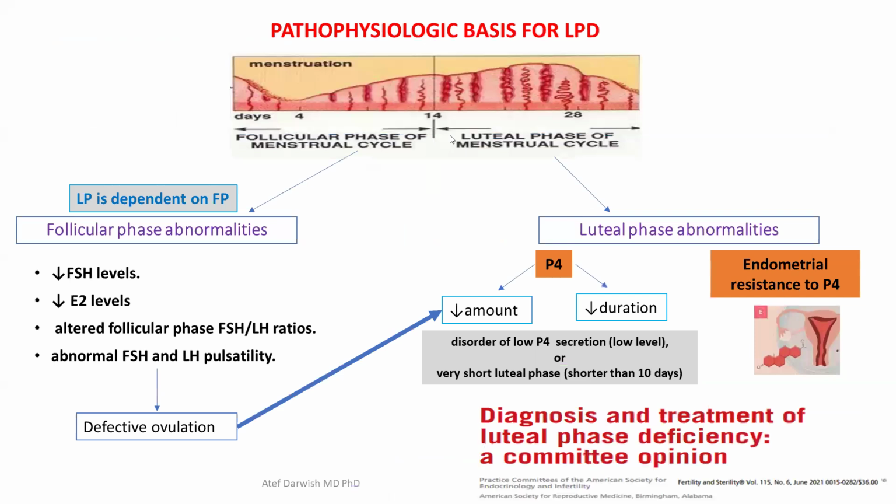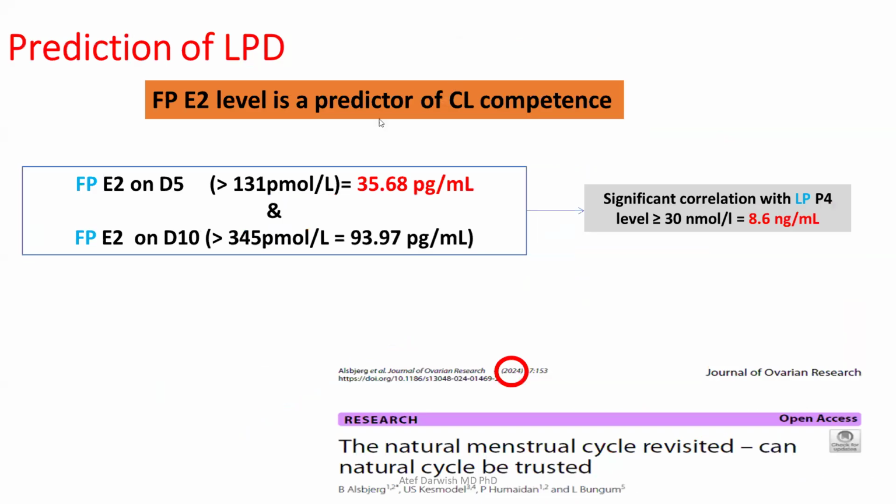What about the pathophysiology? We don't have to focus on the luteal phase alone, which means decreased level of progesterone, whether in amount or duration, and/or resistance of the endometrium to the normal level of progesterone. But we have to go back to the follicular phase and see the FSH, LH, the estradiol, the evidence of PCOS or other ovarian problems that may alter ovulation or make defective ovulation, and this may contribute to luteal phase defect as well.